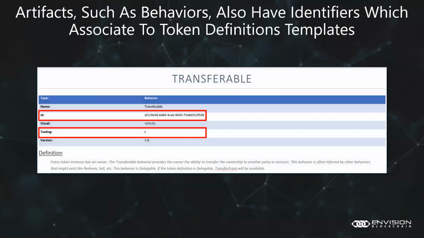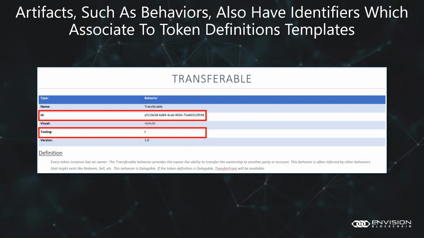On this slide, we wanted to give you a brief understanding and picture of how the taxonomy has now taken new form and new structure, where on this specific artifacts template, we're looking at the behavior artifact transferable. In the red boxes, we have the ID that's representing transferable.